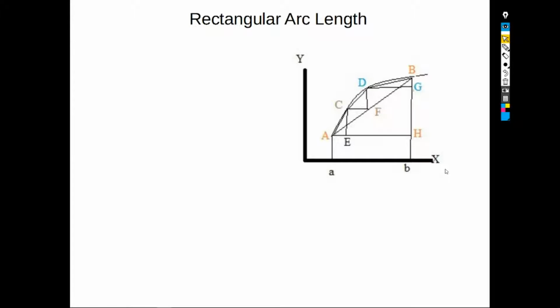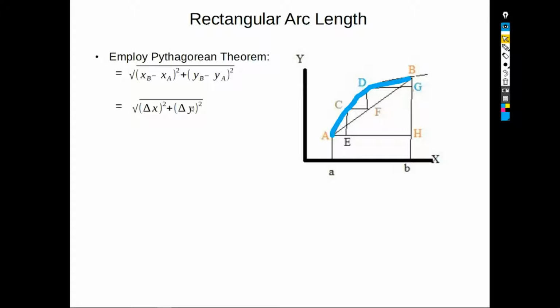I shall now discuss arc length, beginning with rectangular arc length. Say you have this graph here, and you want to find the length of this curve AB. You could use the Pythagorean theorem, and by doing so you would end up with the equation square root of delta x squared plus delta y squared.